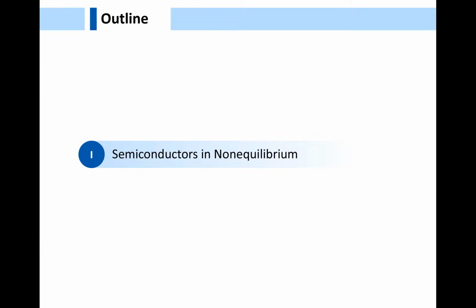Additionally, we will utilize equations that describe ambipolar transport to calculate the current components generated by electron and hole pairs. Finally, we will conclude class by examining several examples applying the ambipolar transport equation.